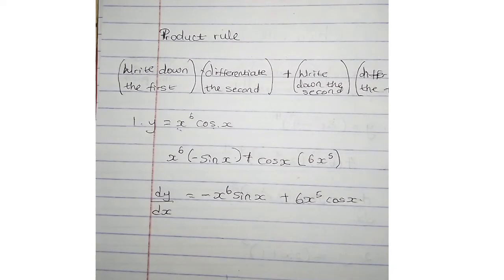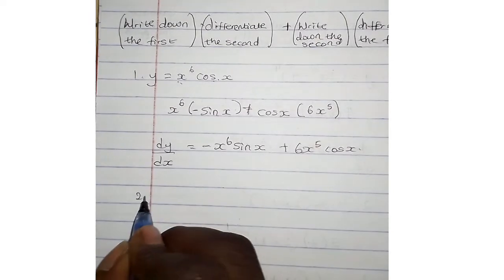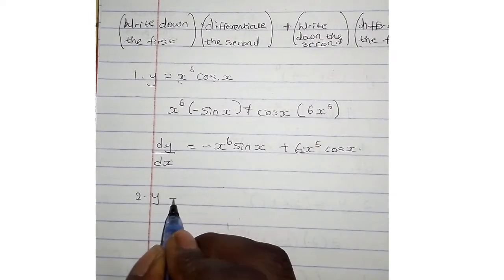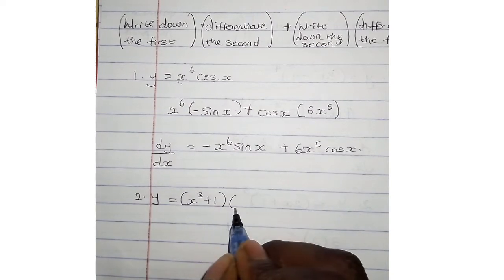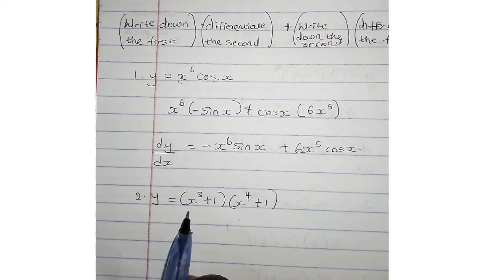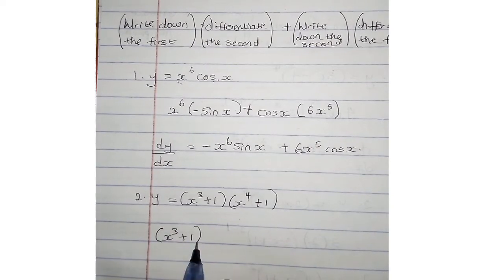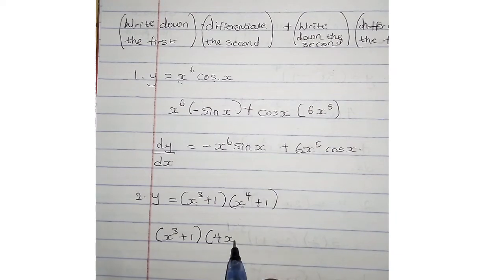Let's take another example also. We're given a function y equal to (x cubed plus 1) all into (x to the power 4 plus 1). Write down this is the first and this is the second. Writing down the first, we have x cubed plus 1. Differentiating the second, we have 4x cubed.